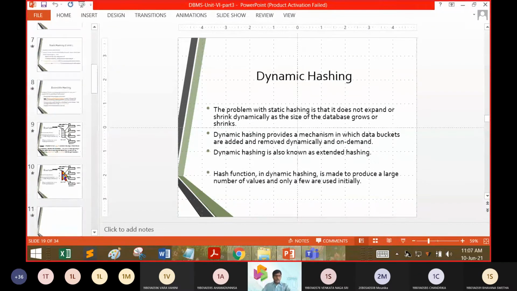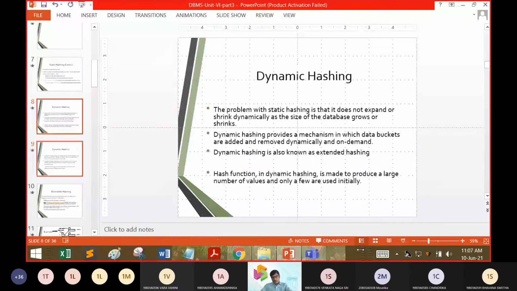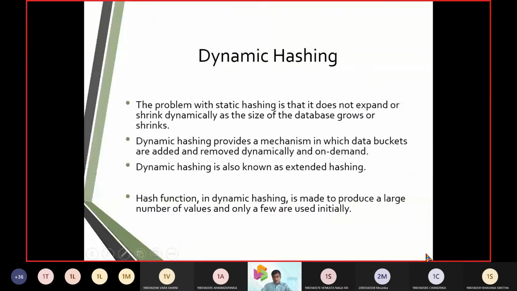So at this point of time, dynamic hashing is also called extendable hashing.